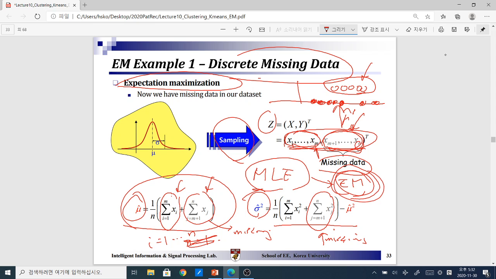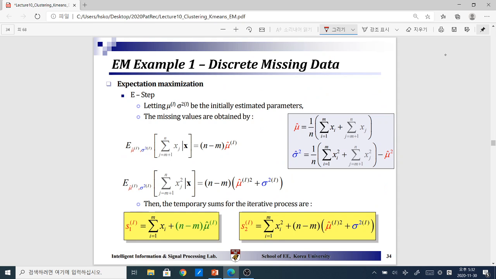Well, the procedure that we're going to be using is called expectation maximization, which is an iterative process using a two-step approach. The first step is the expectation step, and the second step is the maximization step. So expectation is essentially taking the expectation, or averaging, over all the parameters.